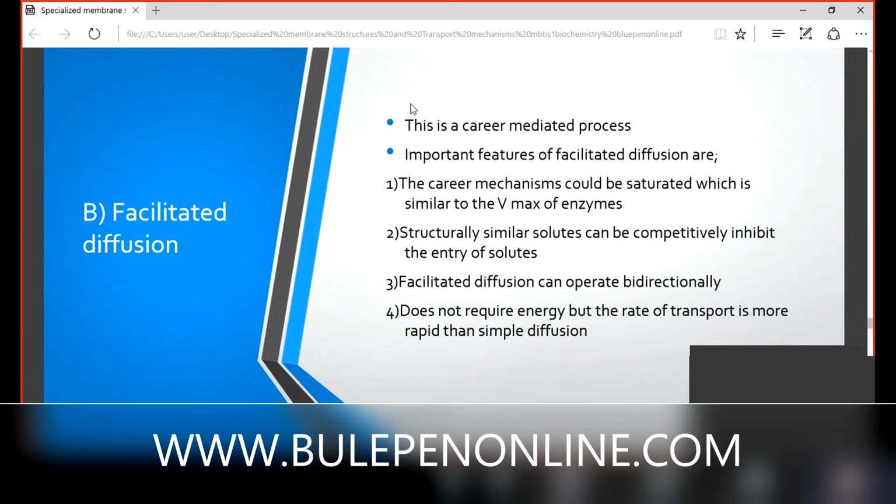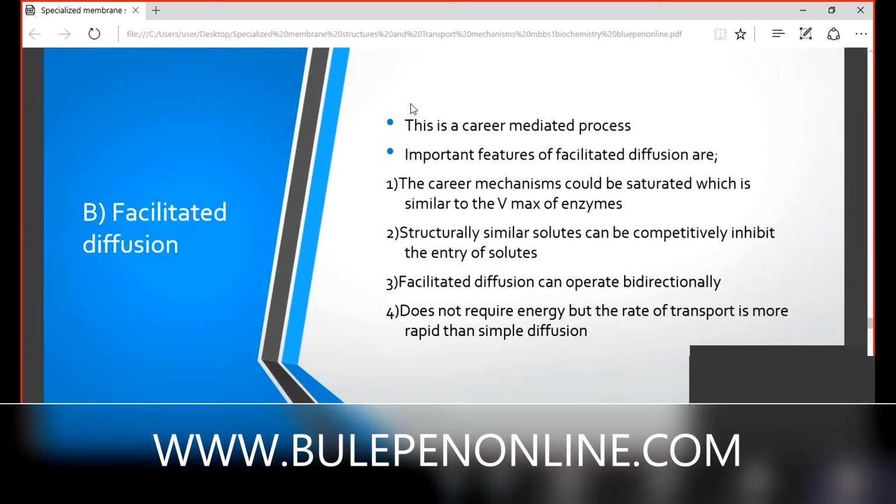This is a carrier-mediated process. The important features of facilitated diffusion are 4-5 points. The carrier mechanism could be saturated, which is similar to Vmax of enzymes. Structurally similar solutes can competitively inhibit the entry of solutes.